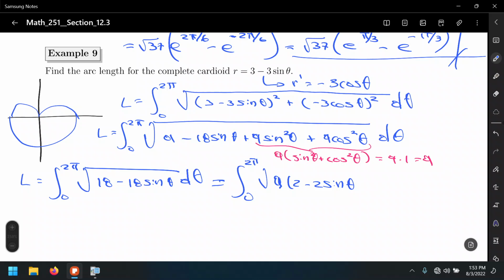Why didn't I factor out the whole 18? Well, because I would rather factor out at least one of the perfect squares, which in this case is the 9.